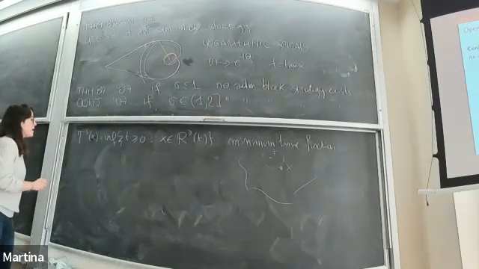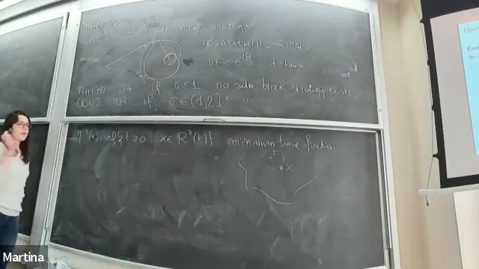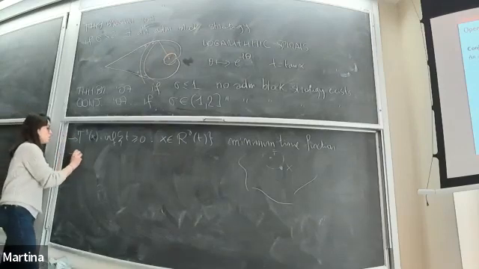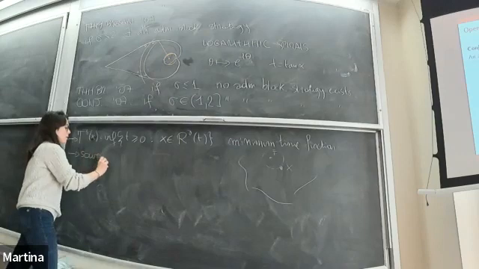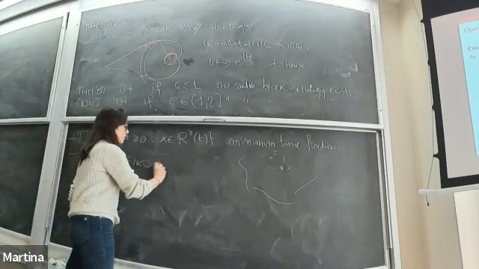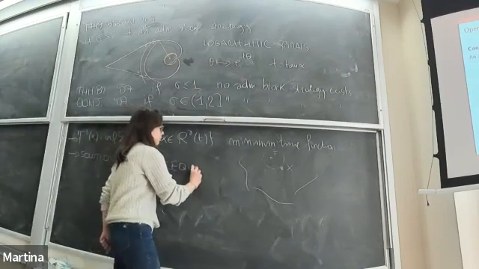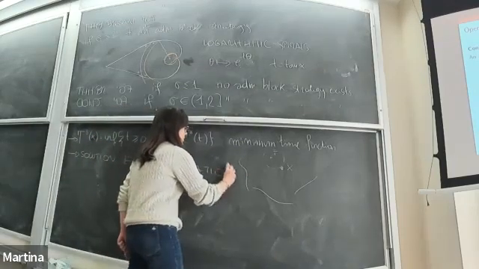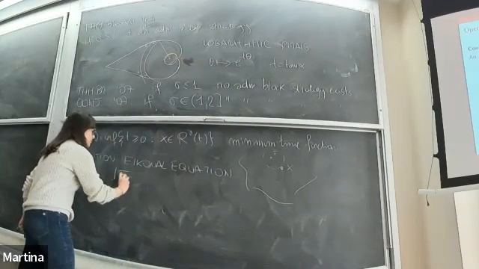This minimum time function is morally the solution to the Hamilton-Jacobi equation, which is this one.